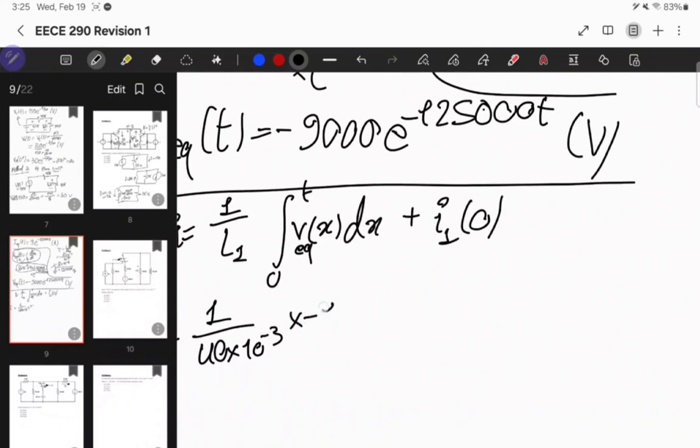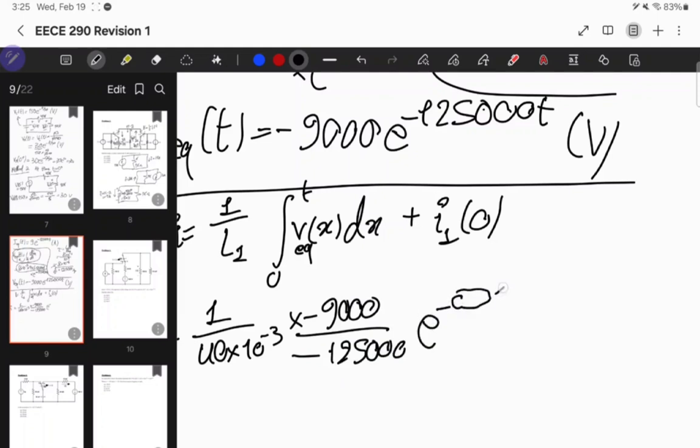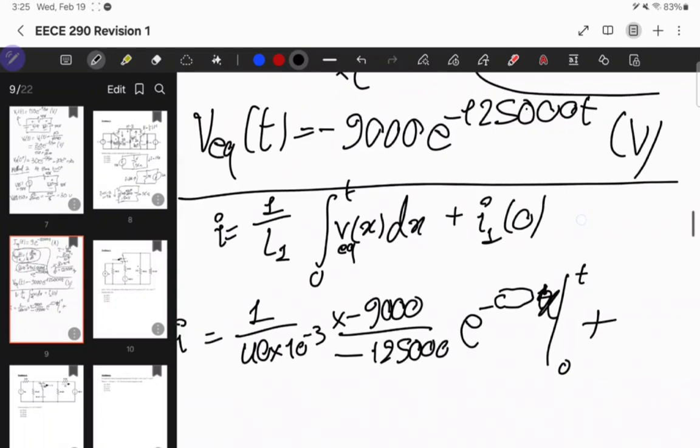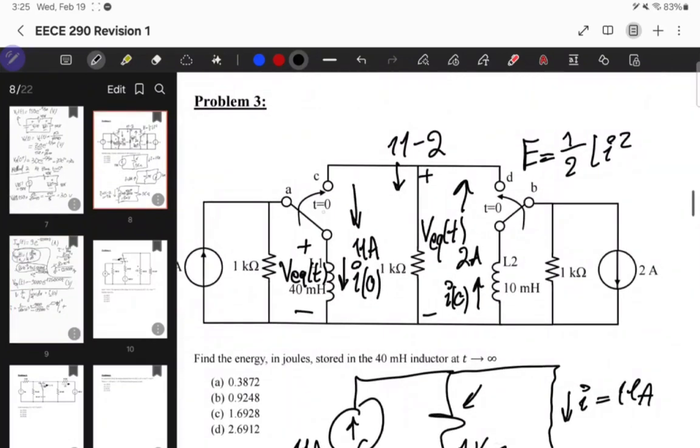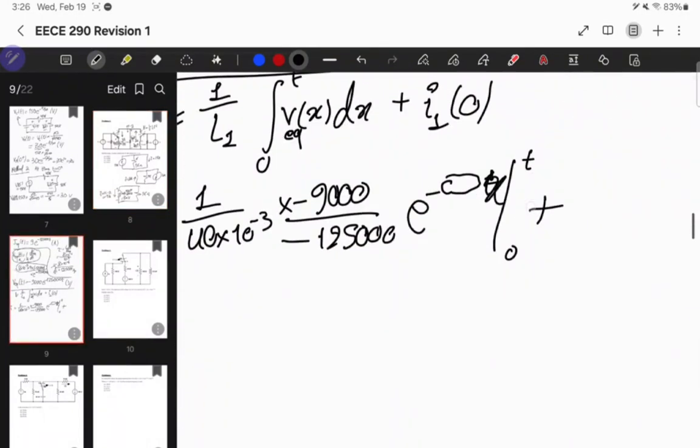The integral is minus 9,000 divided by minus 125,000 times exponential minus all of this t, evaluated from 0 to t, in terms of x, plus the initial value of the current. Notice that we have the voltage plus-minus, so we need the current going in this direction. The initial value is exactly 11 amperes, giving the correct direction of the current.